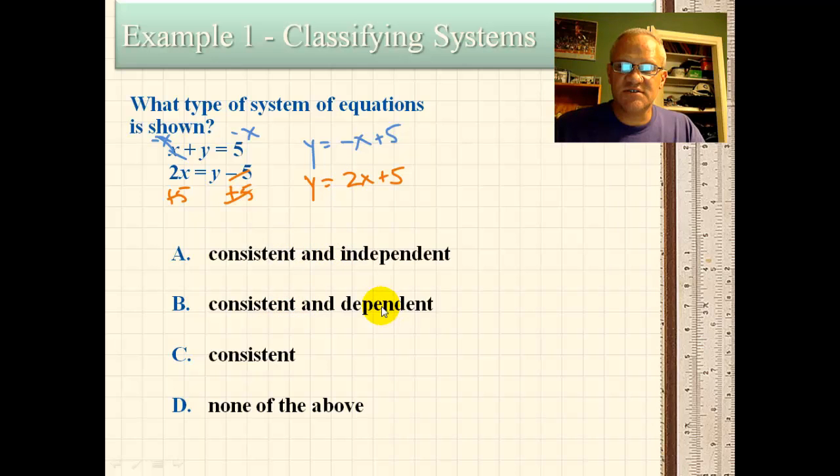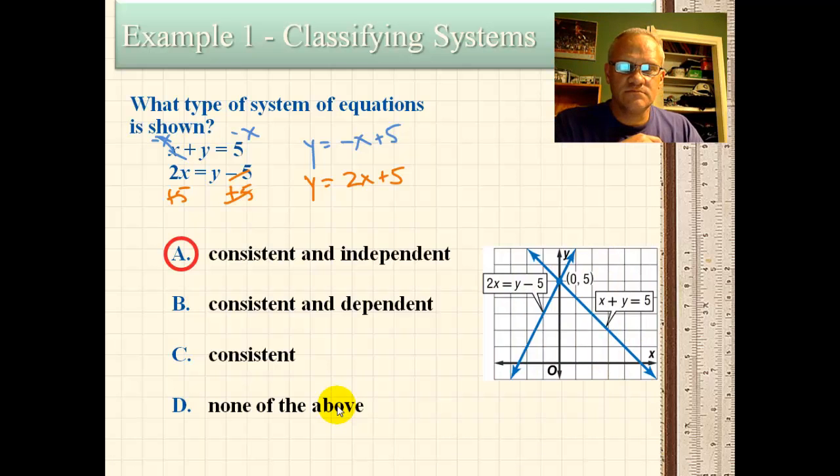Because when you have consistent and dependent, when it's the same line, they're going to have the same slope. Or if it's inconsistent, that would be the same slope as well. Okay, so in this case, A is the answer. So when the slopes are not the same, it's consistent and independent.